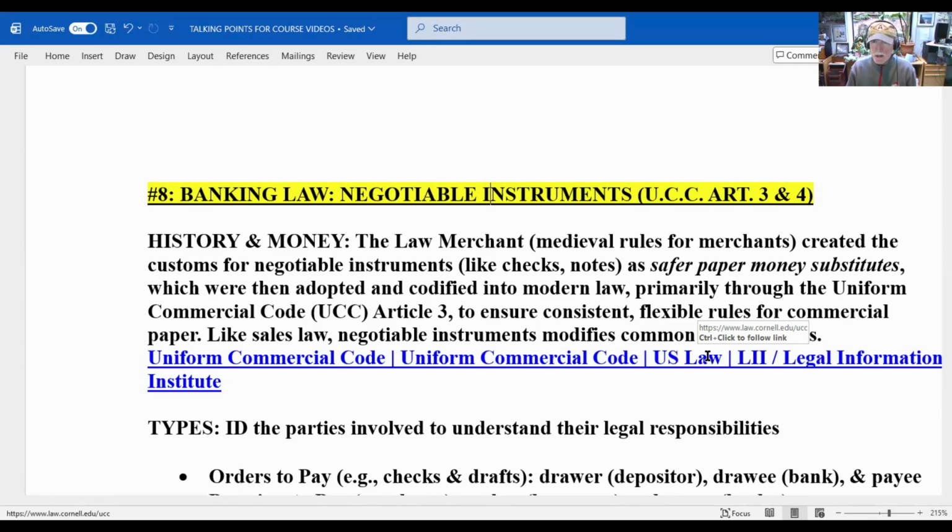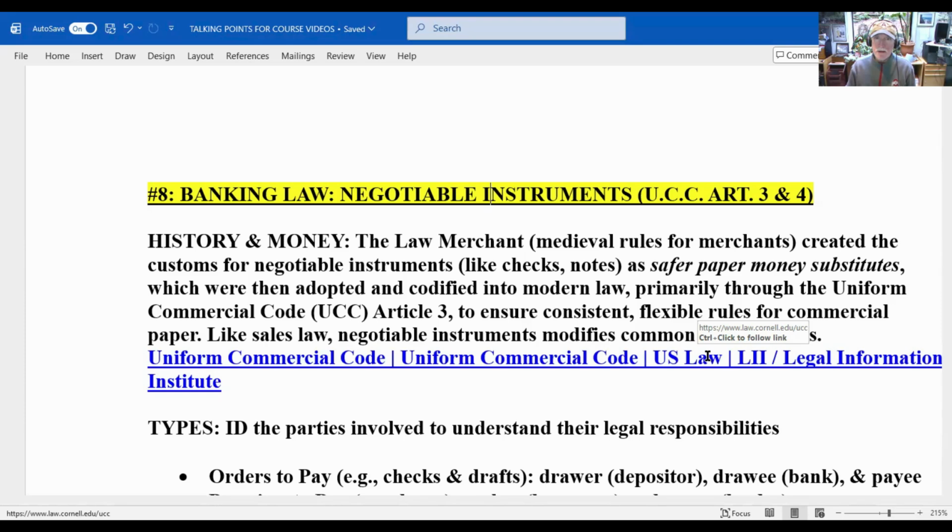It was called law merchant, and they felt paper substitutes were safer than carrying gold and silver.